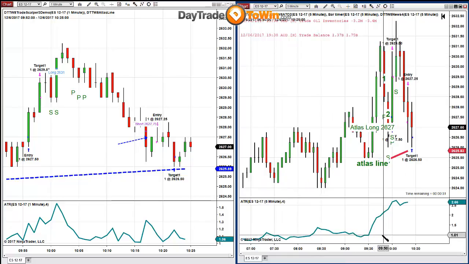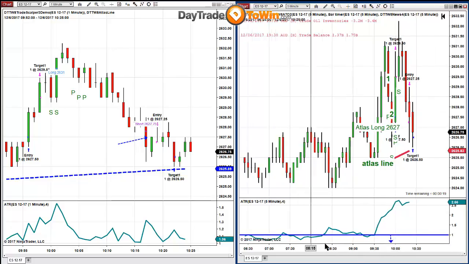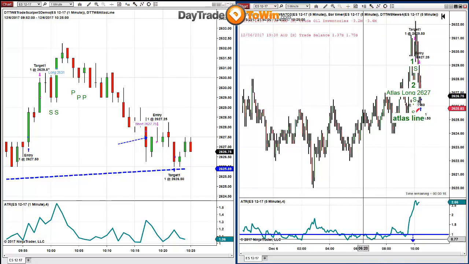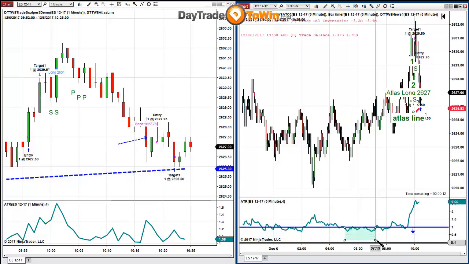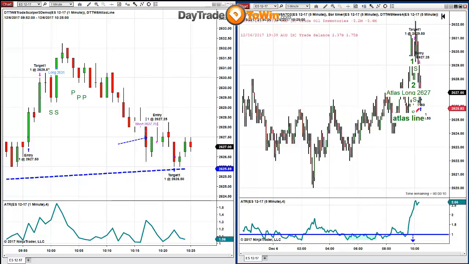On a 5-minute chart, anything above a point is healthy, it's tradable. Less than a point, which is really 4 ticks, and I would say this is the same across all markets, it's really too slow. So if you're ever looking at overnight trading, you can see it's slower. This here would not be something I would recommend to trade Atlas line or any type of method whatsoever.